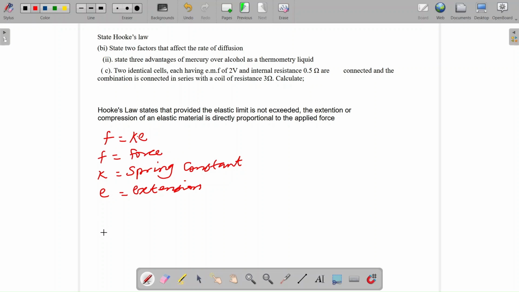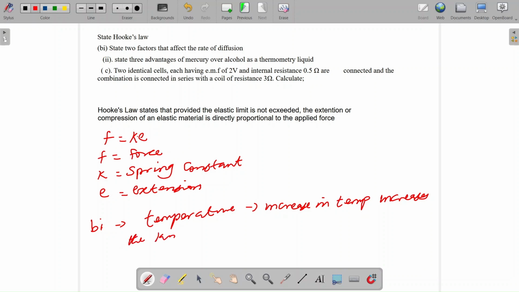An increase in temperature increases the kinetic energy of a particle.